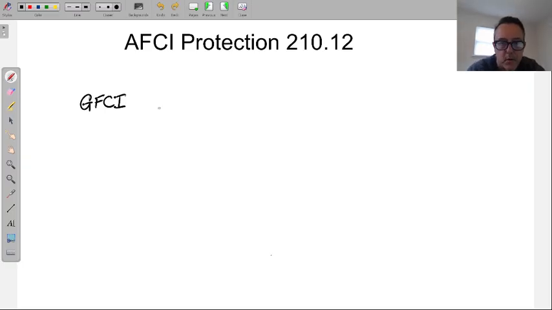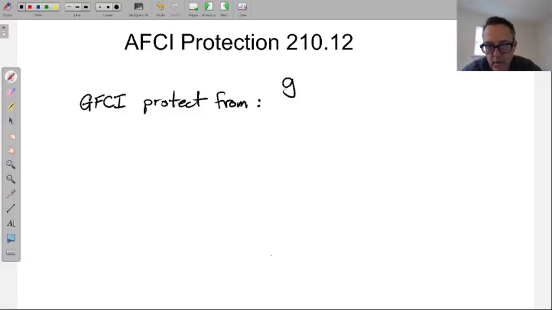So GFCIs protect from two things only. They're sort of the same, but not. Ground fault, it's in the name. And short circuit. Now, a lot of people think these are both the same.